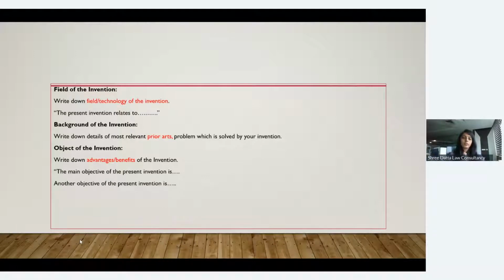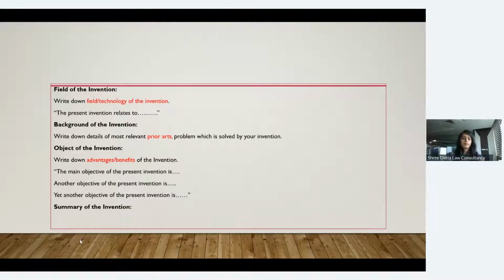If more than one objective is there, then another objective of the present invention is this, then yet another objective of the present invention is this. If there are more than three, you use wording like yet another objective of the present invention. This remains constant for all patent applications. After that, the advantages may vary.